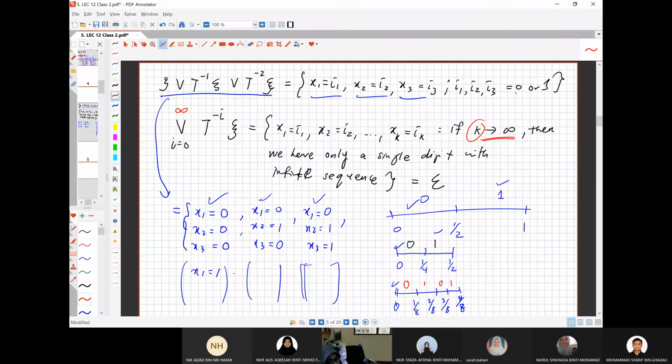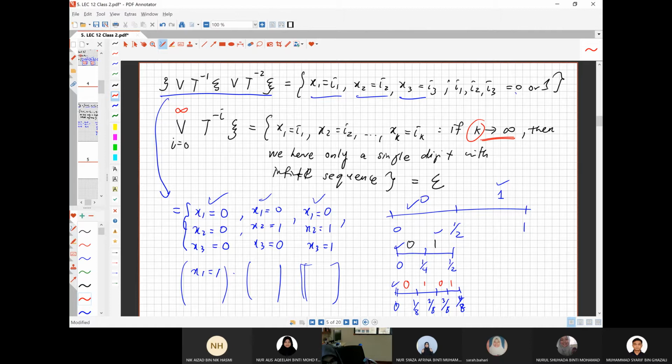Bila dia single digit, maksudnya this is the largest digit. The largest elements that can have in the partition. Dia bukan number atau cardinality, dia merujuk kepada largest partition. Because we are fixing all the digits. And it has infinite sequence in the digit.